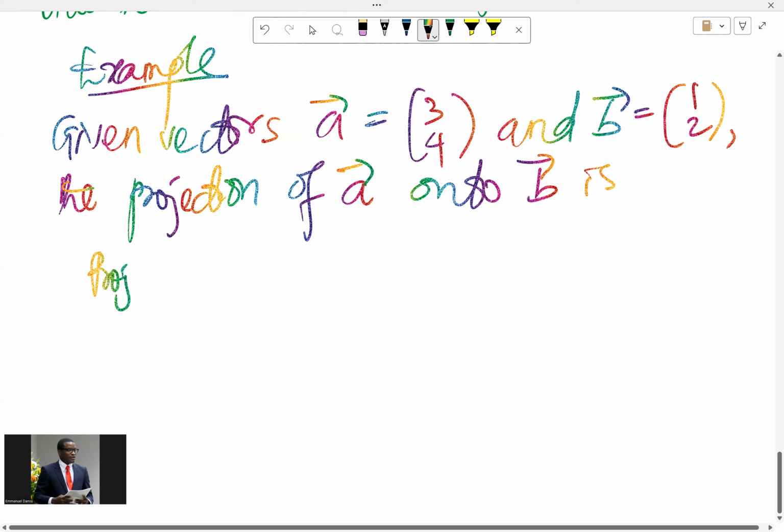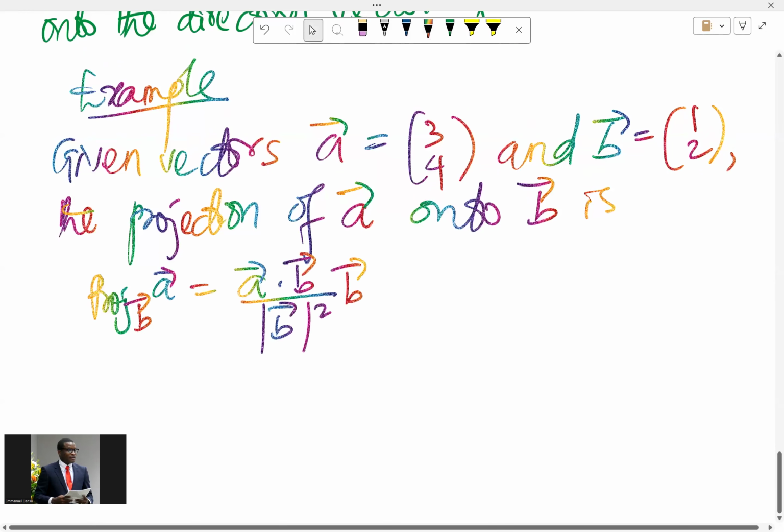So we are projecting A on B. So that's A on B like this, and that is equal to A dot B divided by the magnitude of B squared multiplied by B itself.